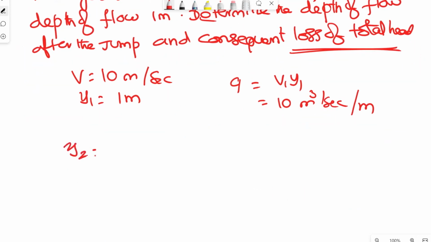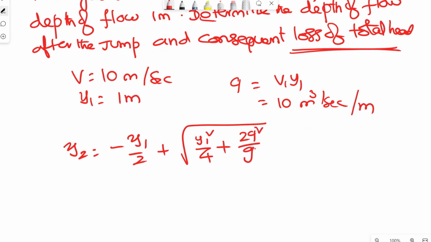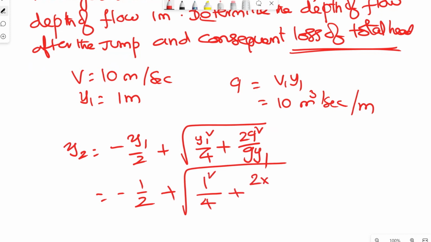y2 is equal to minus y1 by 2 plus square root of y1 squared by 4 plus 2q squared by g y1. That's all. So minus 1 by 2 plus square root of 1 by 4 plus 2 into 10 squared by 9.81 into 1. If you do it, y2 comes to 4.043 meters.